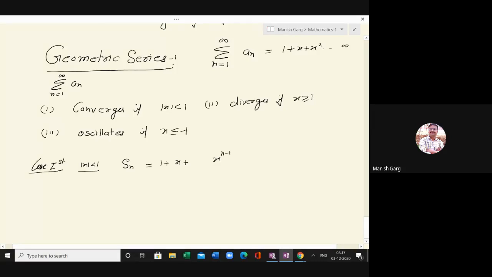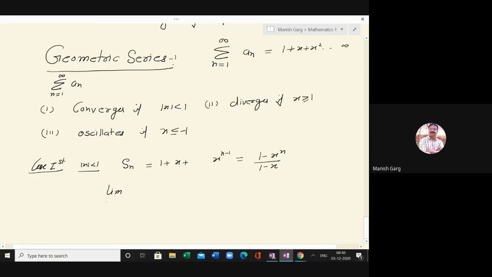Or here you can take Sn plus 1 also. There should not be confusion. If limit n tends to infinity Sn, you can write limit n tends to infinity Sn plus 1 also. So here I am doing from this, so this will be 1 minus x की power n over 1 minus x.